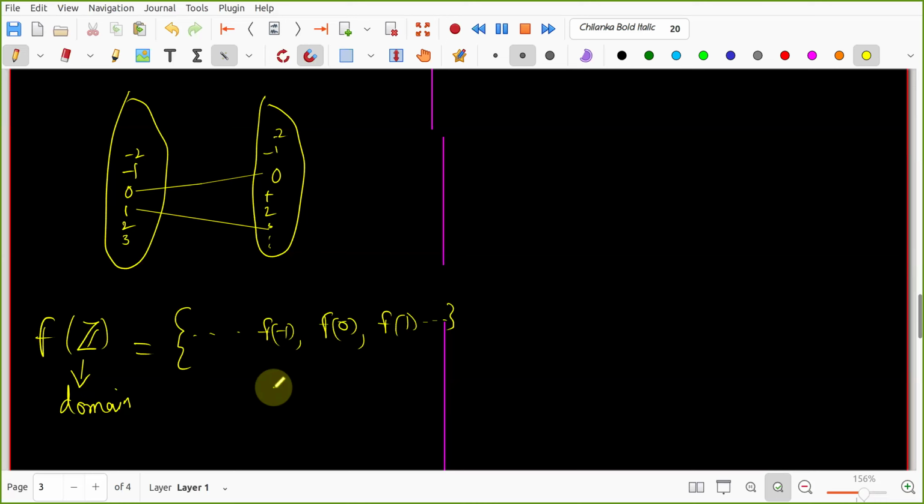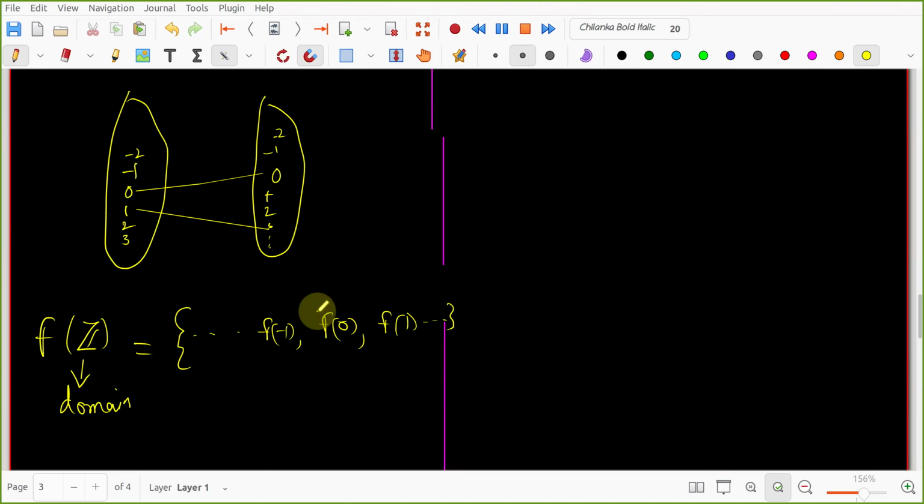Can you tick yes? Sir, could you please repeat the question? Yeah, I am asking what is this set? F of 0, f of 1, f of -1, what are the elements here? Okay, Arpit?